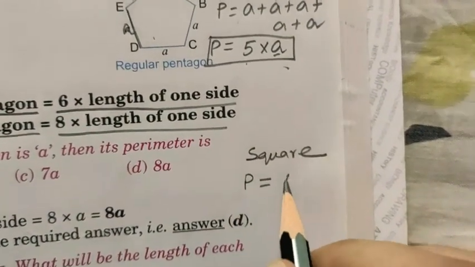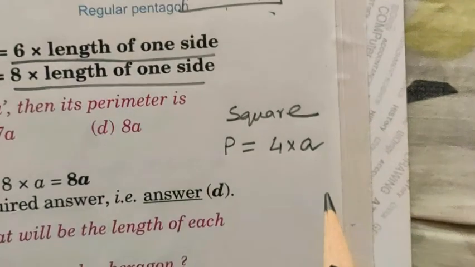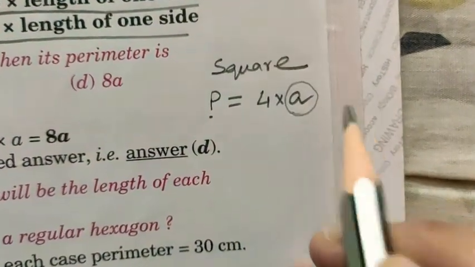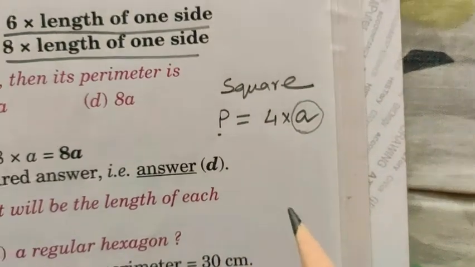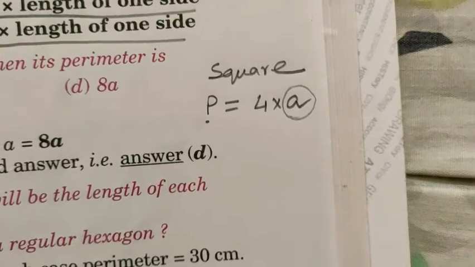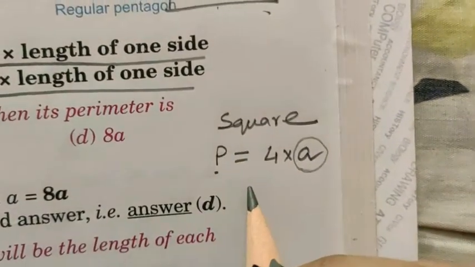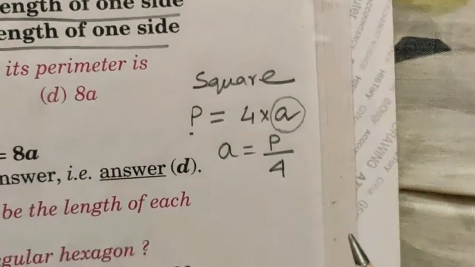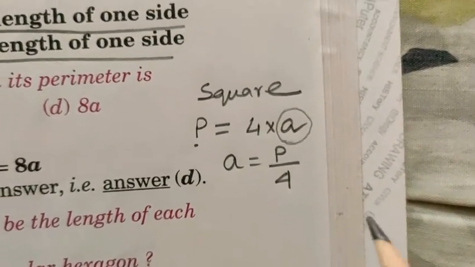P is equal to 4 into side, right? Here P is given and we have to find the side. So what should we do? As perimeter is the multiplication of 4 and the side, to find one side we have to divide the perimeter by 4, right?